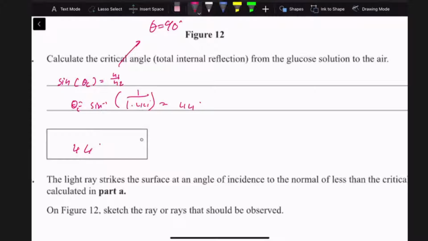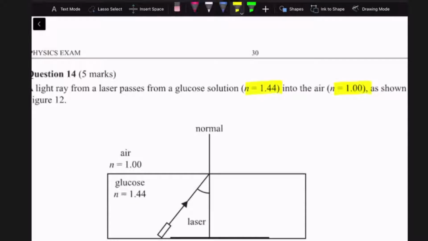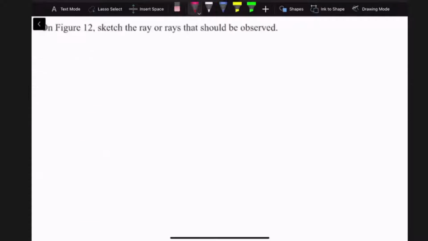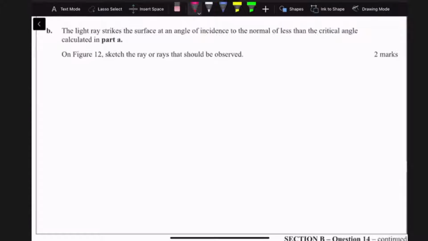I think we could have used the last significant figure because we've used 3 here and 3 here, but that's fine, as long as you have a considerable amount.